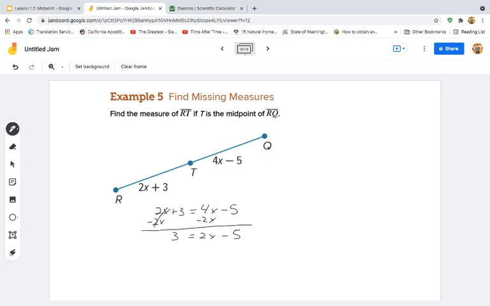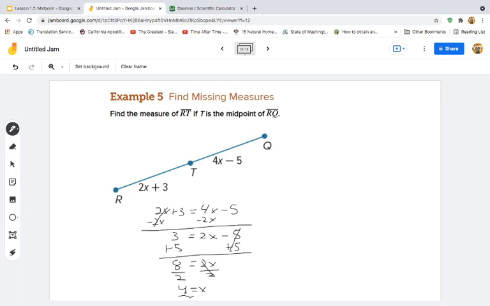All right, we will add 5 to both sides to get x more by itself. So then we have 8 equals 2x. And then lastly, to get x by itself, we will divide both sides by 2. 2's cancel out, so we're left with 4 equals x, or x equals 4.